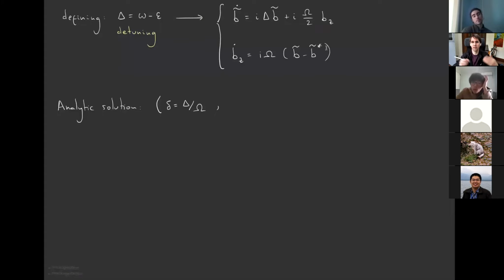Okay, so this is just a redefinition of the detuning, or a normalization of the detuning. And then we define also something that we will call the Rabi frequency, that is the square root of delta squared plus omega squared, okay? So these two parameters are the parameters that define the solution.